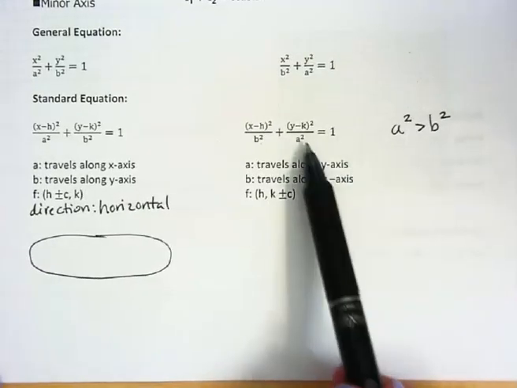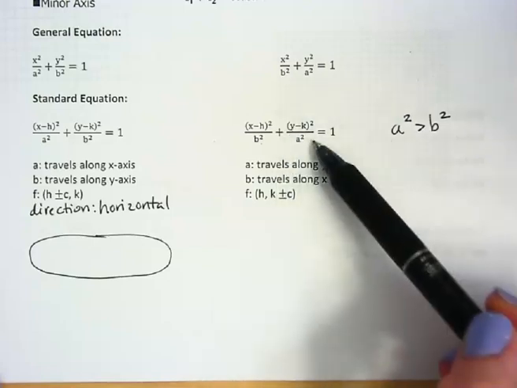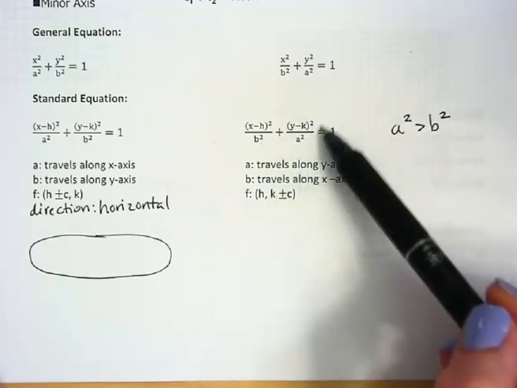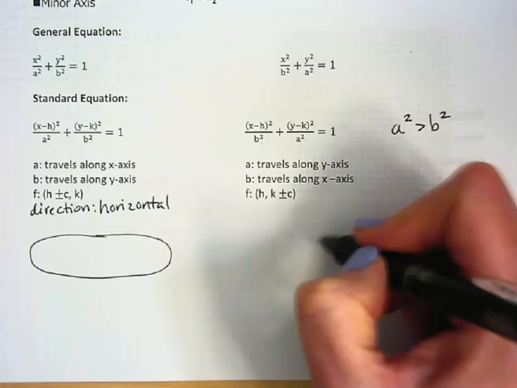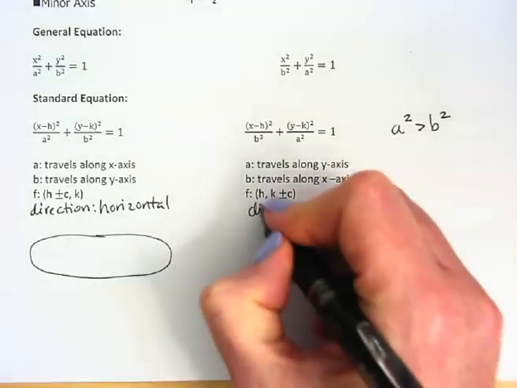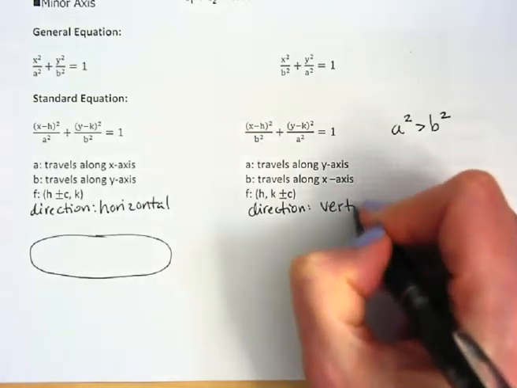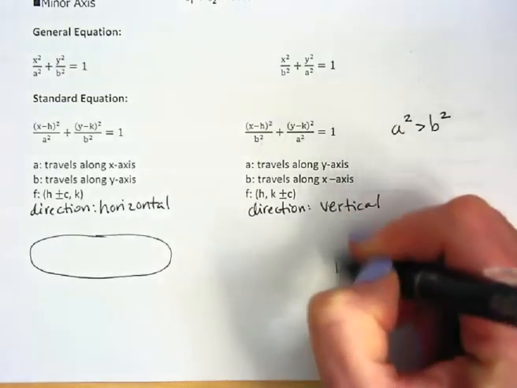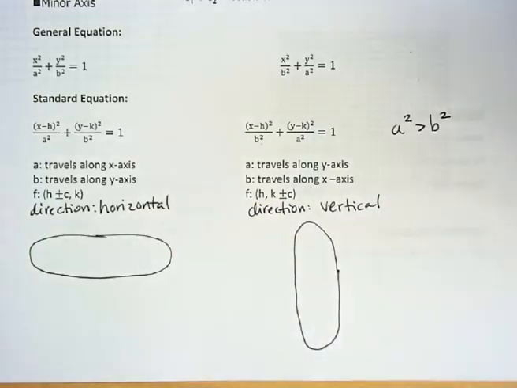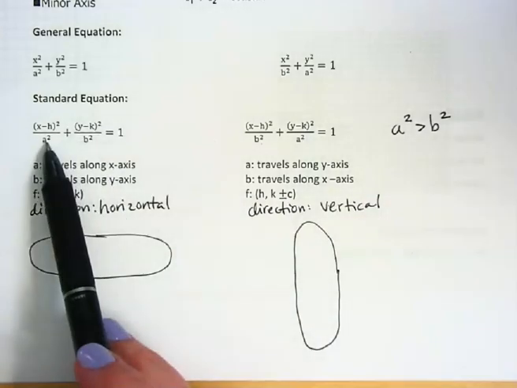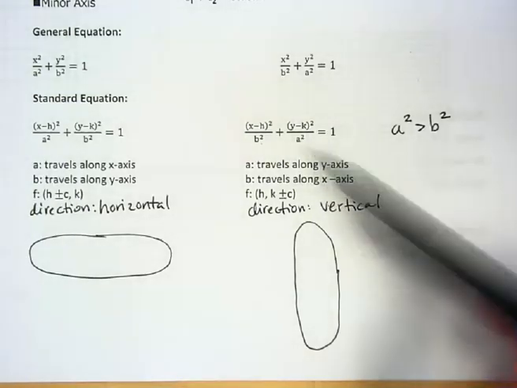And then in this equation, the a squared is under the y variable, which means in this form, it's going to be longer or taller vertically than it is horizontally. So the direction here will be vertical, like this. So that happens when a squared is under x, it's a horizontal orientation, and when a squared is under y, it's a vertical.